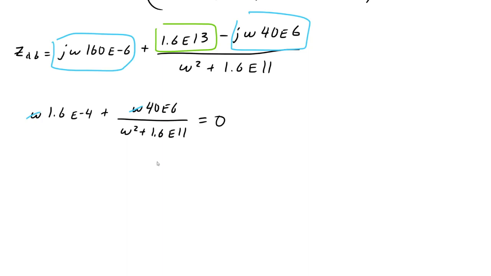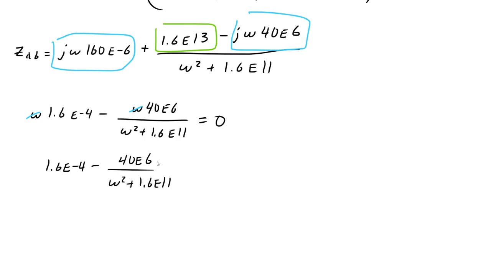I'll just say that this is 1.6 E minus 4 plus, oh, I'm sorry, forgot the minus. So I'm going to put the minus 40 million over omega squared plus 1.6 E11.